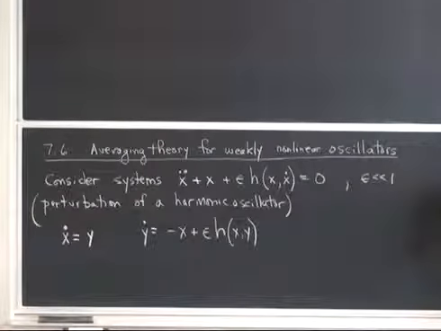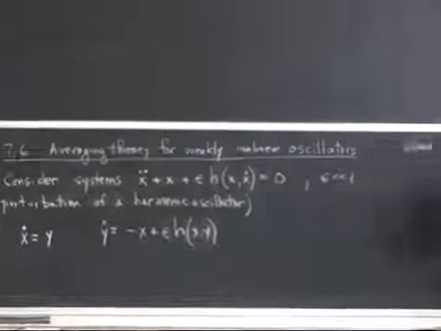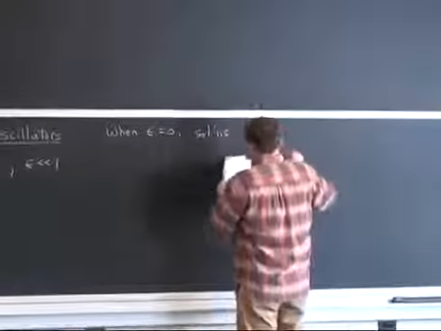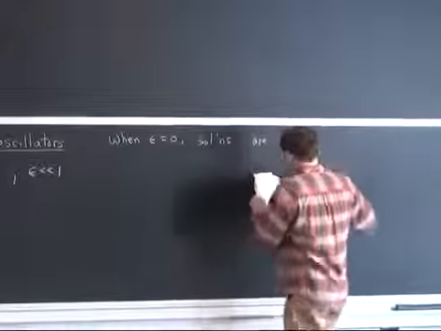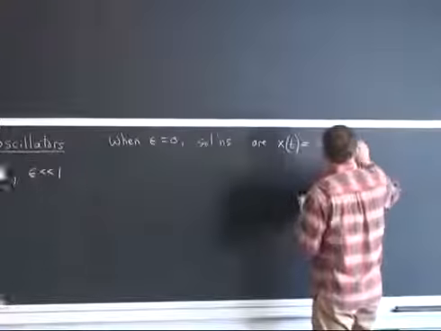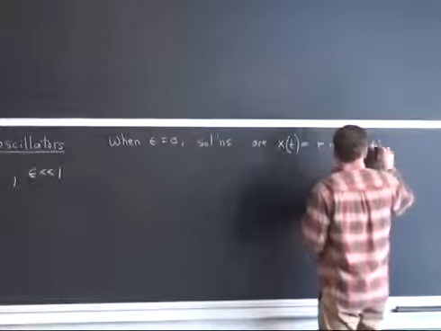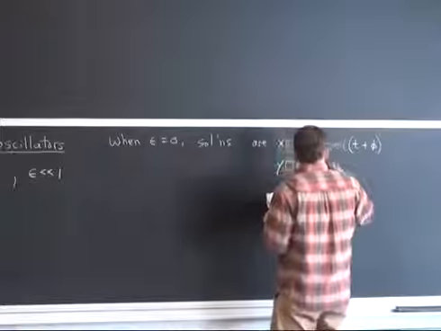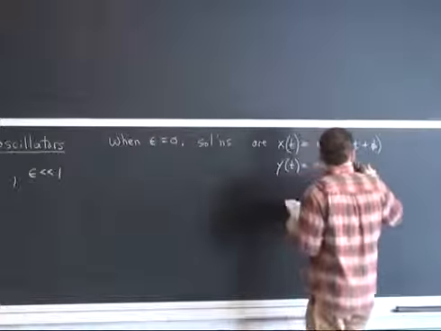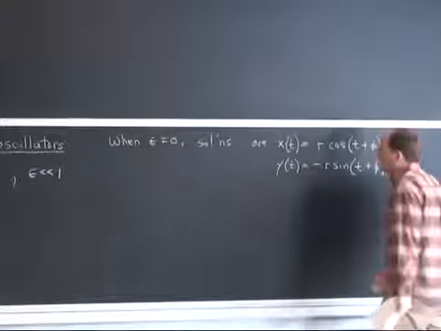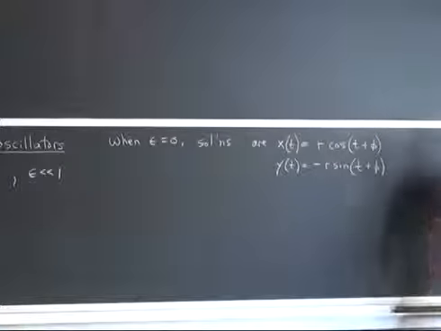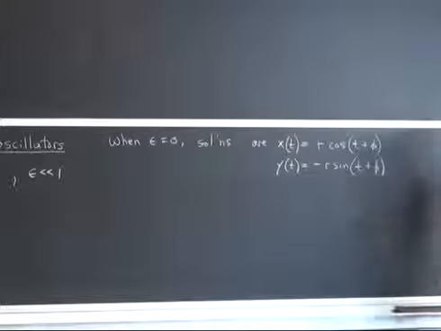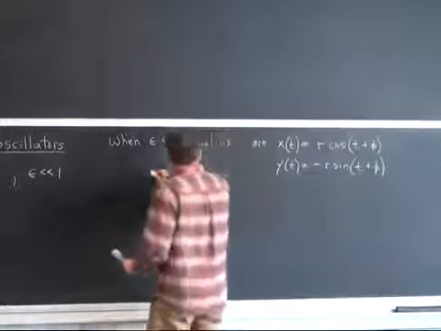We'll get solutions of the form X as a function of t is r cosine (t plus phi), and y of t will be minus r sine (t plus phi), where R represents the amplitude of the oscillation, and phi is the phase angle, and both are constant for the ordinary harmonic oscillator.